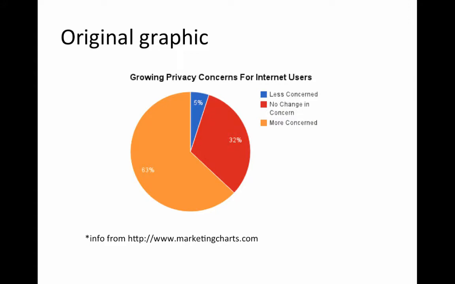So, as we can see from this chart, more and more people are concerned about privacy on the internet. From the past year, 63% of people are more concerned than they were last year about privacy. 32%, no change in concern, and 5% less concerned. So as we see, more and more people are being concerned about these issues.